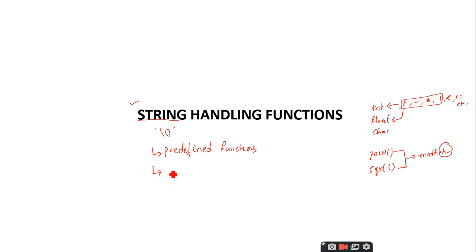All the string handling functions are defined under a header file called string.h. So, it is mandatory that you include this string.h header file in your C program while you are making use of these string handling functions. We will see the list of string handling functions very soon.